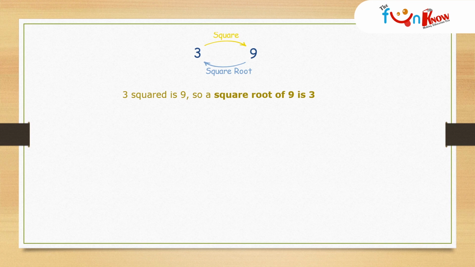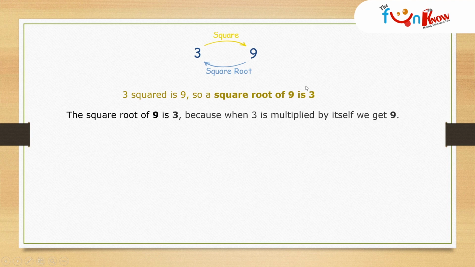So what do we mean by square root? Square root is the value which, if you multiply it 2 times, gives the number. 3 squared is 9, so the square root of 9 is 3. The square root of 9 is 3 because 3 multiplied by itself gives 9. We have seen this, students.